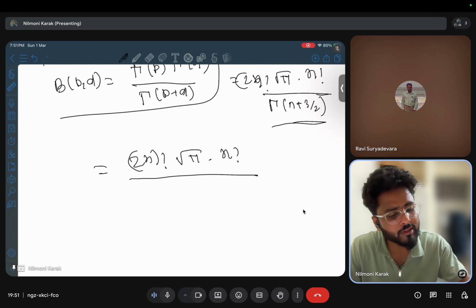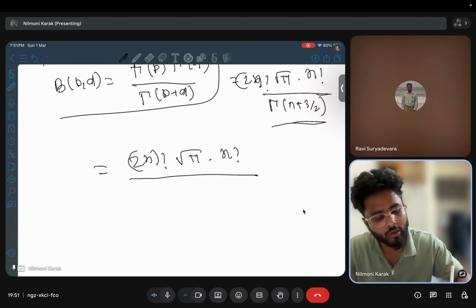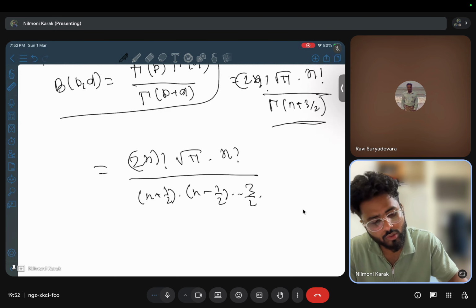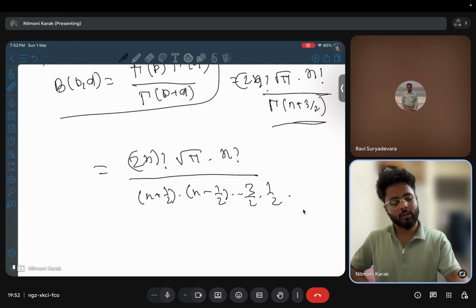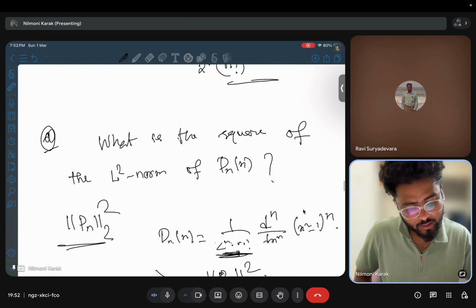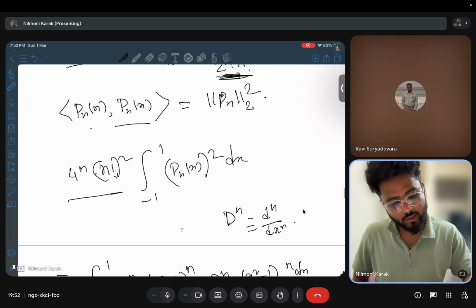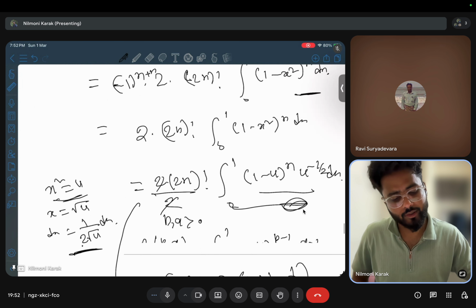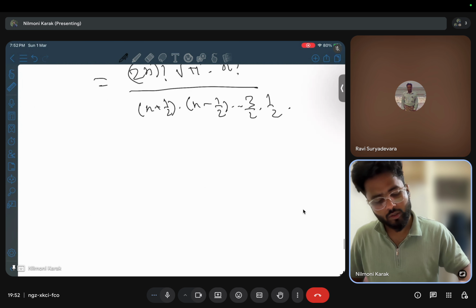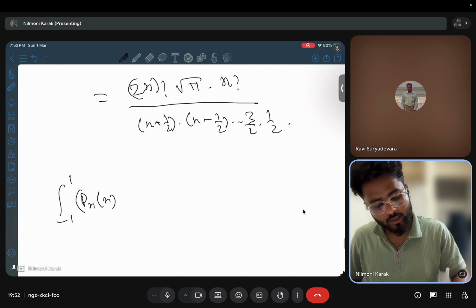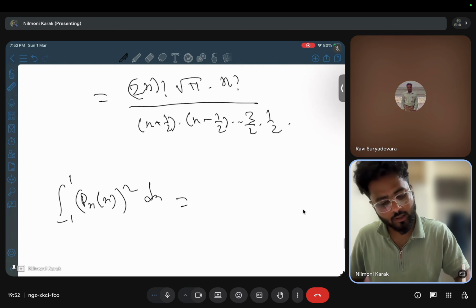So n plus 3 by 2 is n plus half plus 1. So n plus half, then n minus half, and so on, 3 by 2, 1 by 2. So we started this from this. For 4 to the power n and n factorial we multiply it, minus 1 to 1, P_n(x) squared dx.